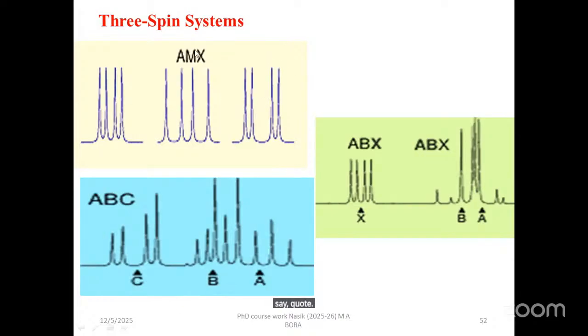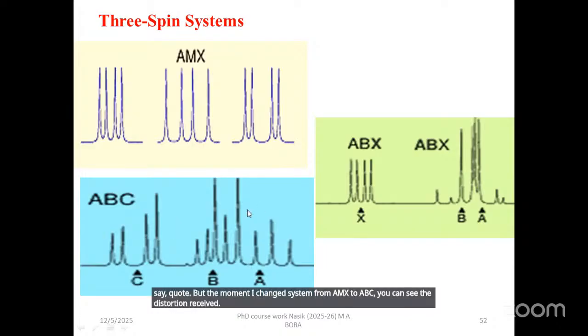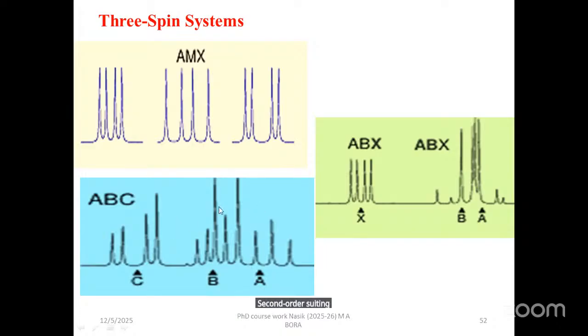But the moment I change the system from AMX to ABC, you can see the distortion. Second order splitting is there, along with distortion. C is again a doublet of doublet, B a doublet of doublet, and A also a doublet of doublet, but not very clear, with very close clustering, and the intensities of the outer lines decrease while the inner lines go on increasing.